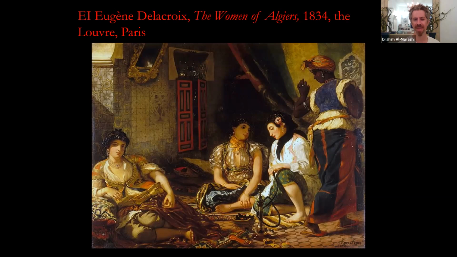When Delacroix paints this, it causes a storm because, in this sense, this is like the pornography of its time. It's allowing access for particularly the male gaze into a world that would normally be forbidden to the French man, or the foreign man for that matter, or even any Arab man who's not part of this household. So go ahead and read the description of the background of this painting.